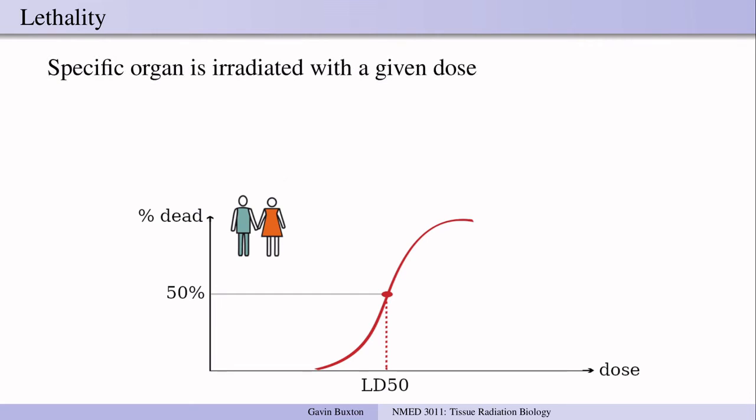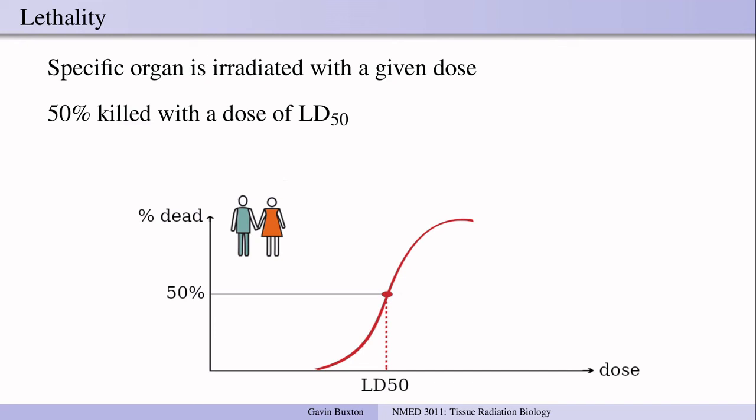And so after irradiating a specific organ, let's say, for example, 50% of the animals are killed. Right? So in particular, this is represented by the LD50. This is the dose at which 50% of the animals are likely to die.